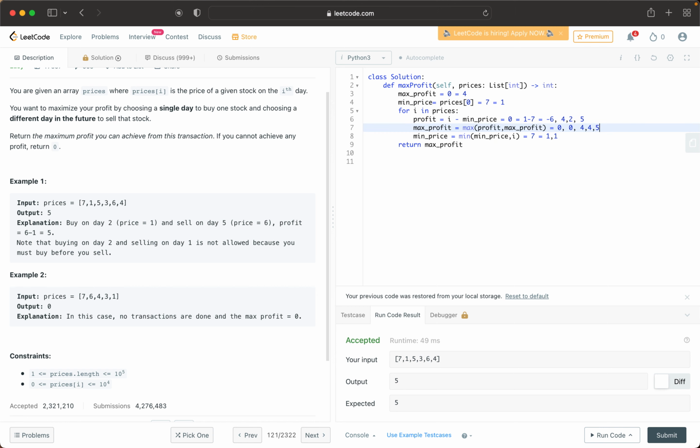So we shall change our max profit from 4 to 5, and our minimum will still remain the same, because from 1 and 6 it shall still be 1.